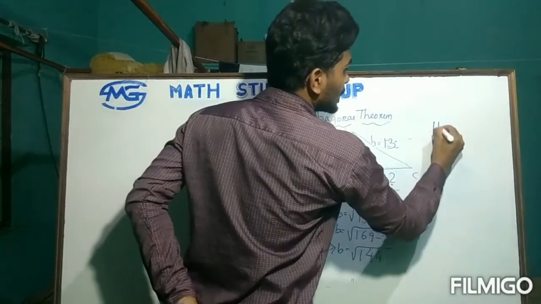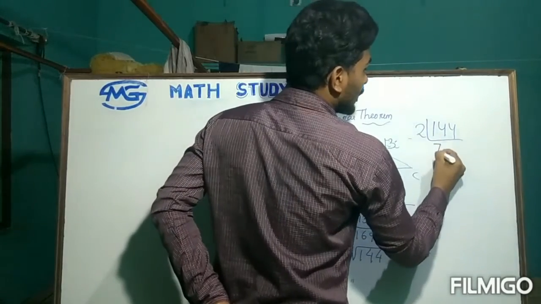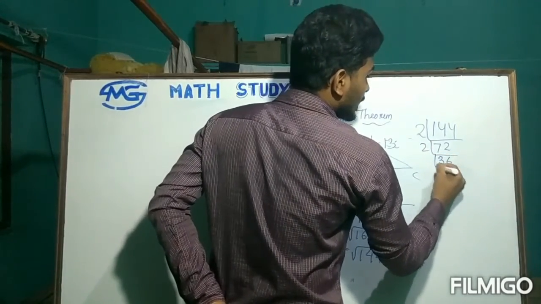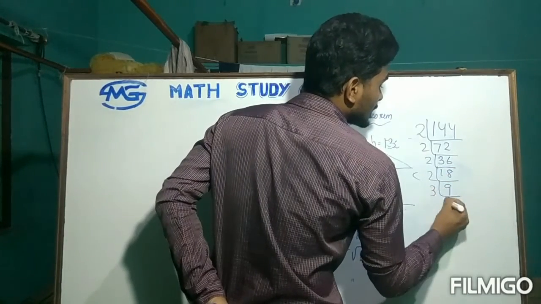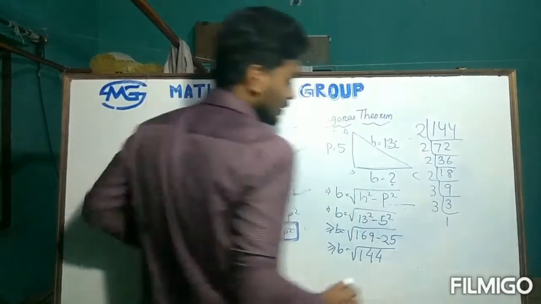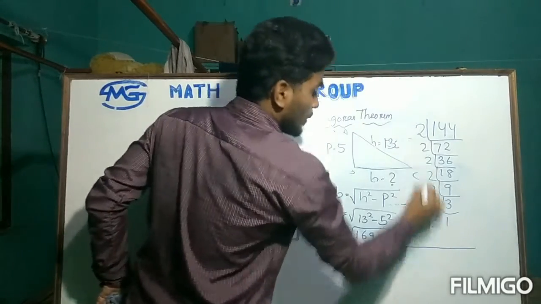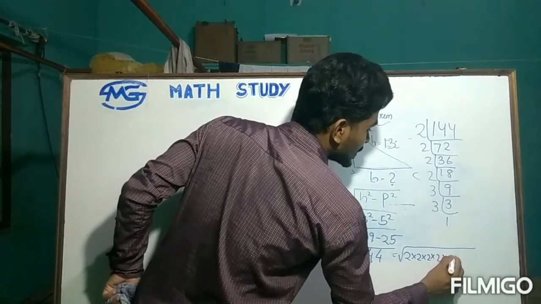Let's find it out. 144: 2, 72, 2, 36, 2, 18, 2, 9, 3, 3, and 3, 1. So after factorizing 144 we get 2 into 2 into 2 into 2 into 3 into 3.